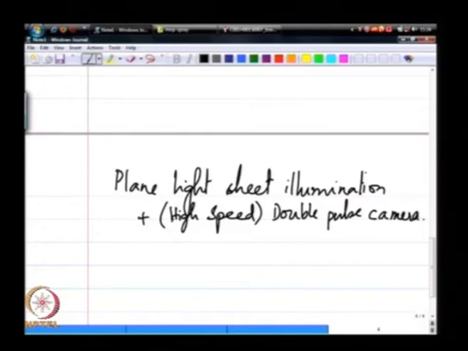That is, I need a way to take two successive snapshots apart in time, such that I know the time spacing between the two snapshots.